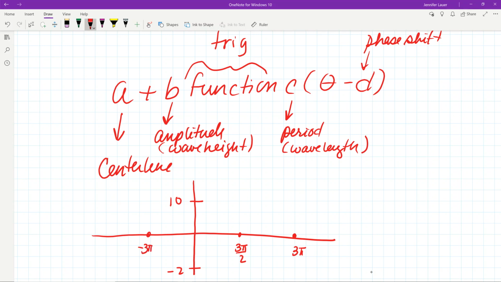Negative 3 pi over 2. 1, 2, and negative 3 pi.